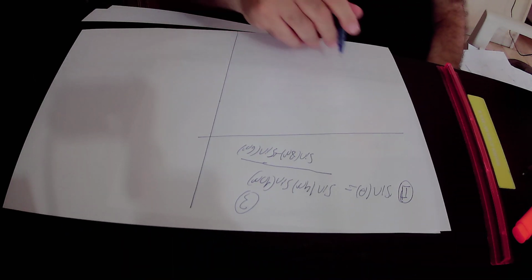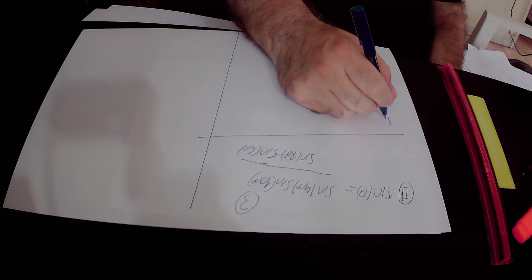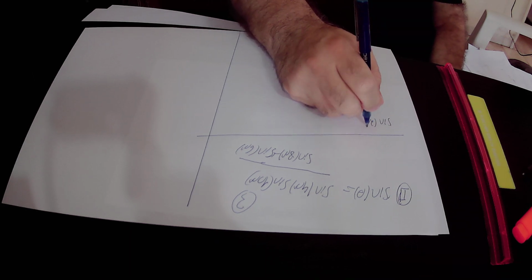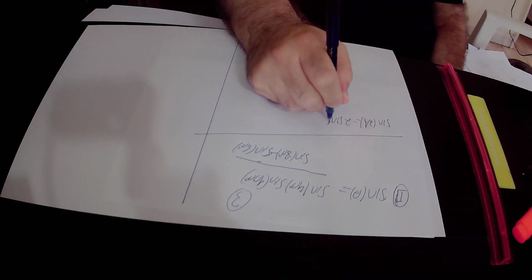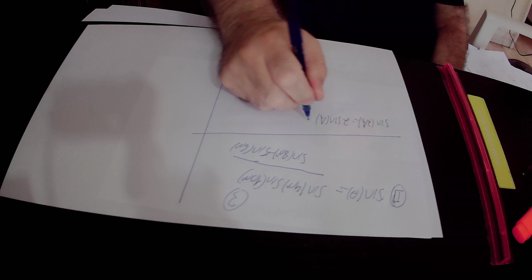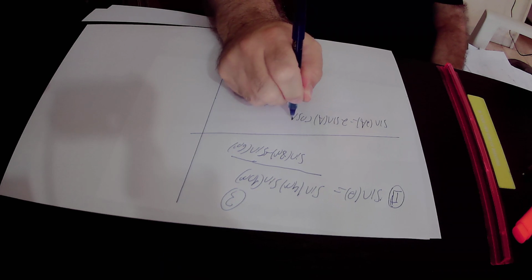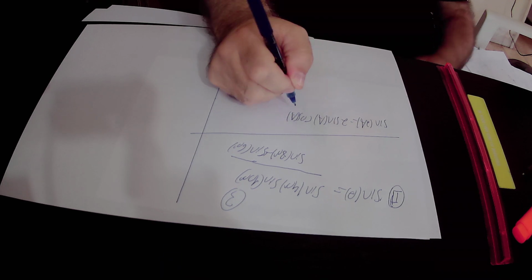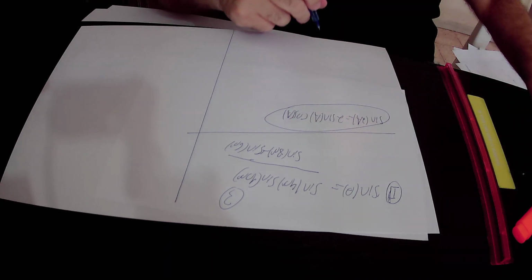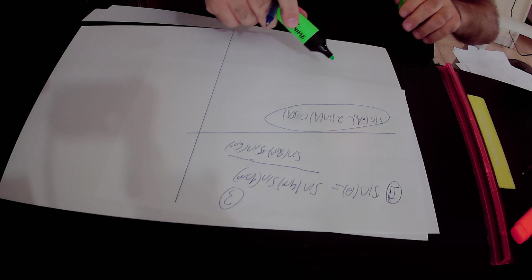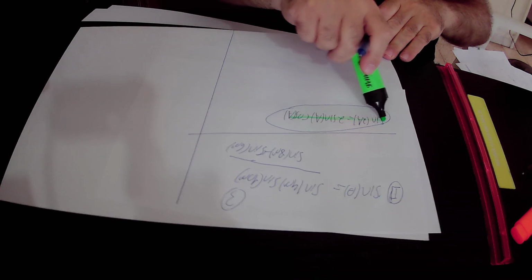We have the trigonometric identity that sine 2a equals 2 sine a cosine a. We'll use this trigonometric identity for sine 40 degrees.